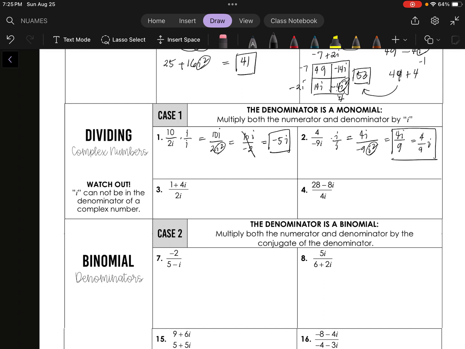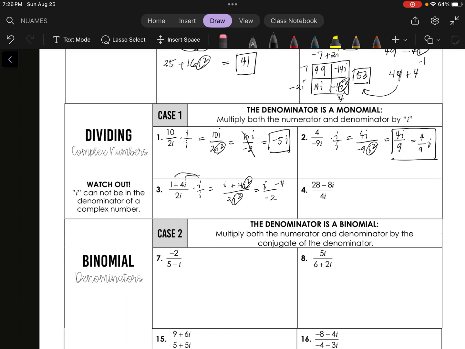It'll be good. Next, number 3, we do i over i again. But make sure here you're distributing it to a binomial, right? So we have i times 1, that gives you an i, plus 4i squared all over 2i squared. For the denominator, i squared is just negative 1, so the denominator gives you a negative 2. This is a negative 1 as well, which gives you a negative 4, and then this is i.